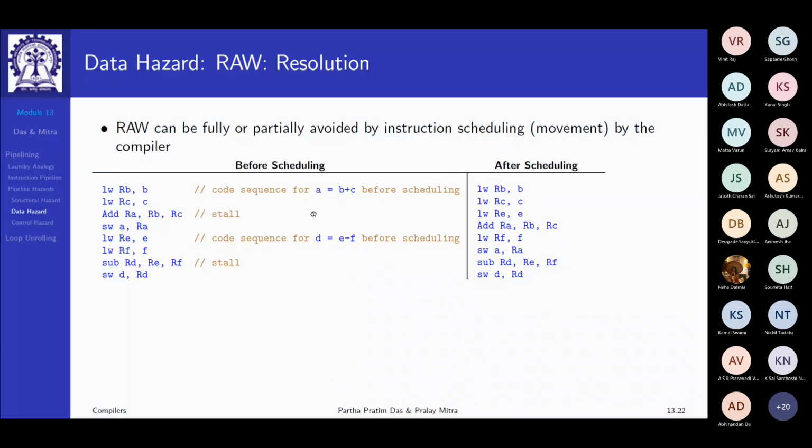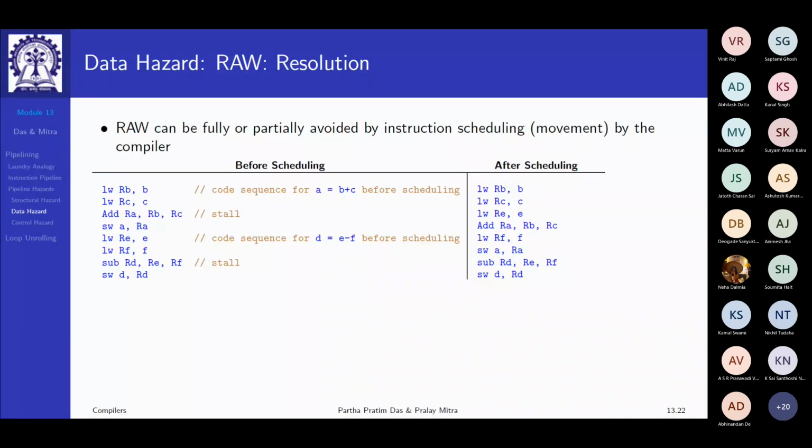There is a code sequence which computes A assigned B plus C and D assigned E minus F. For A assigned B plus C, you have two loads of B and C into two registers, add them into a third register RA, and store that result back. You do the same thing for E minus F also.